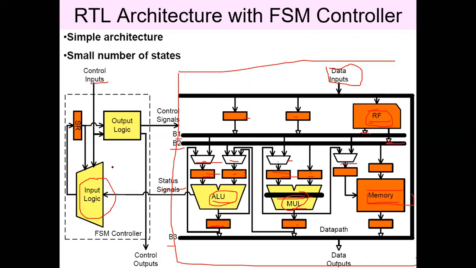This is the FSM-based controller. The input logic can decide the next state of that particular system. From the control inputs as well as the status signals, the input logic will decide the next state of the controller, and that will be stored in the SR, or state register. SR is the state register.